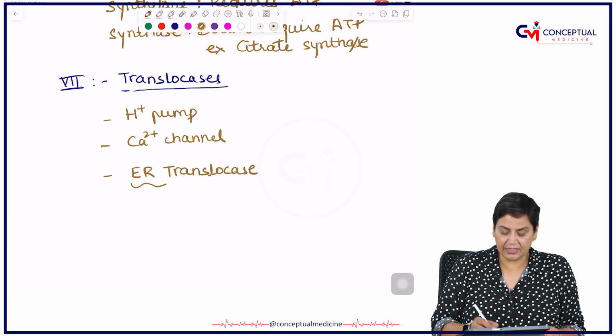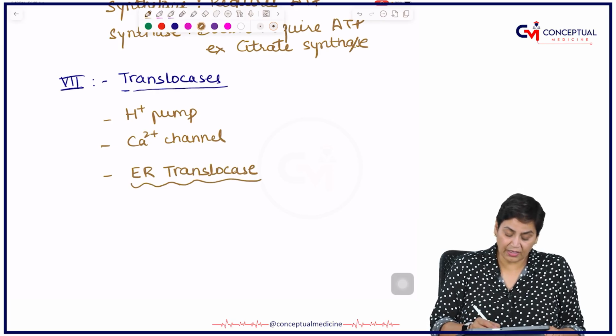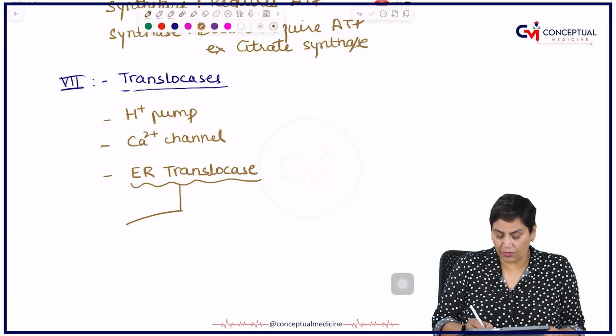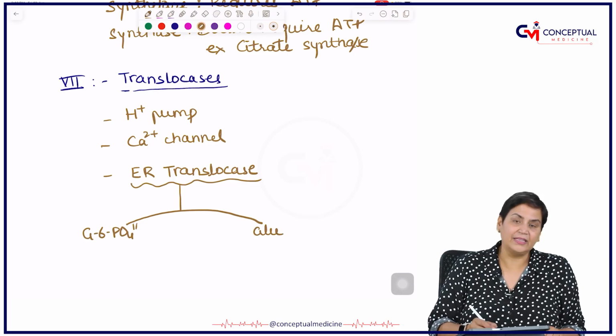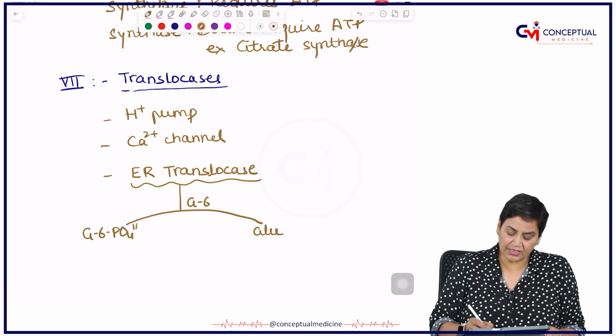And this is required for the conversion of glucose 6-phosphate to glucose, and the name of the enzyme is glucose 6-phosphatase.